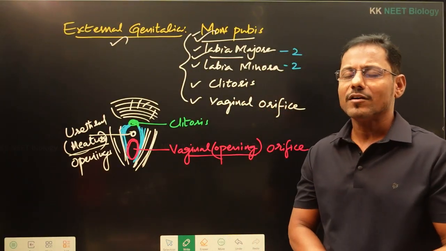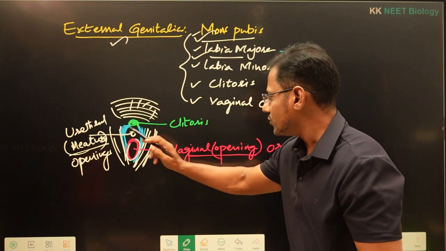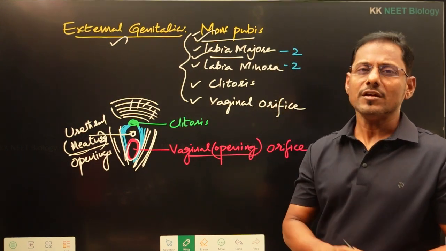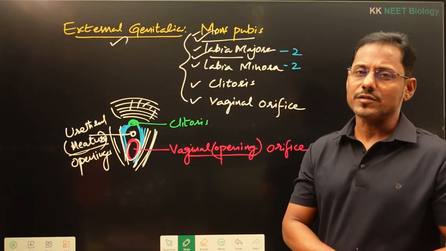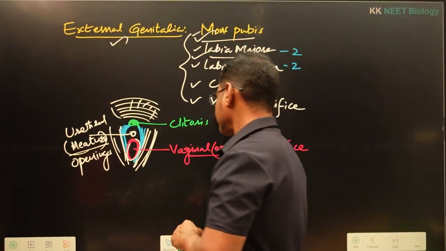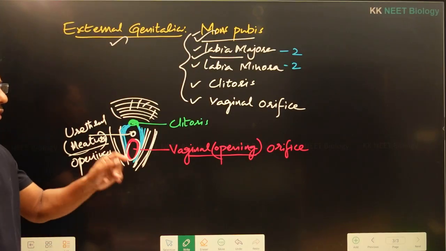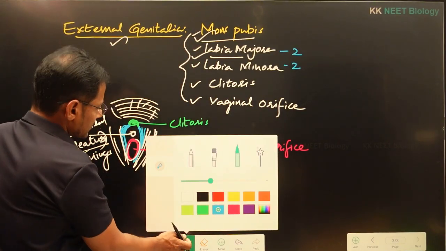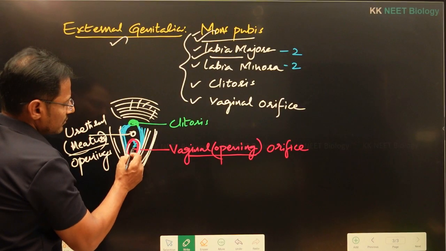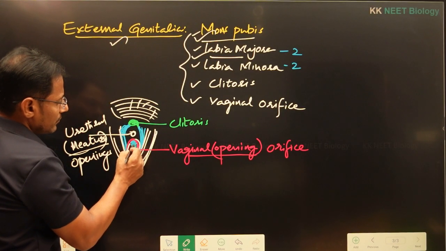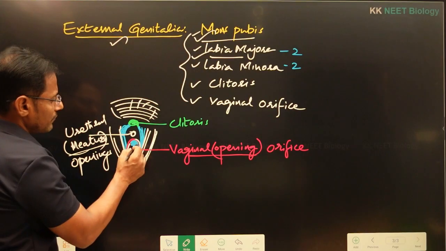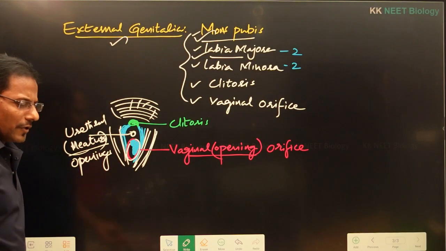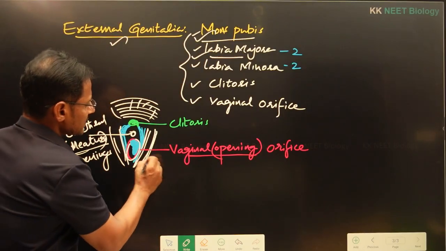Where do they come from? Here, this is the vaginal passage. From here the ova come out of the female reproductive system. Now this is the vaginal orifice, the vaginal opening. Generally it is partially covered with a thin layer. The vaginal orifice is partially covered by a very thin skin layer, which we call the hymen.